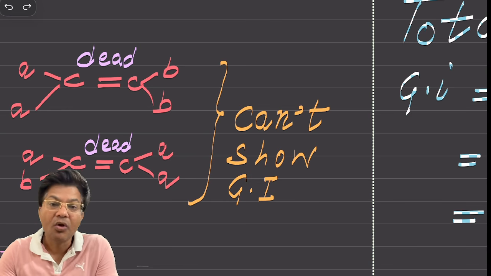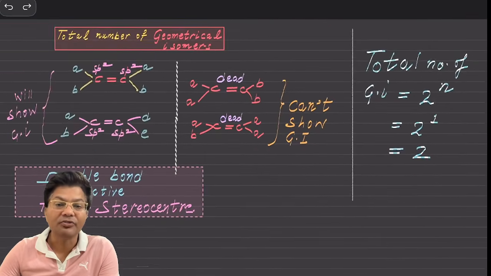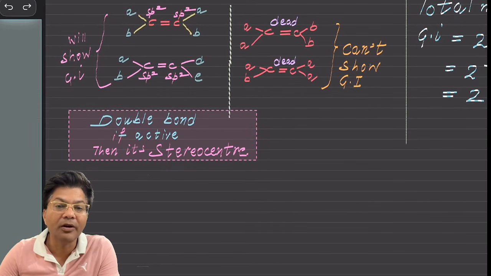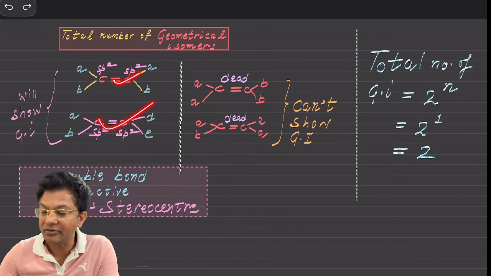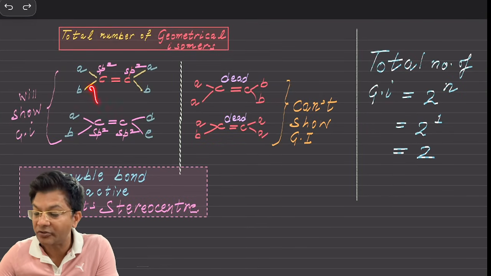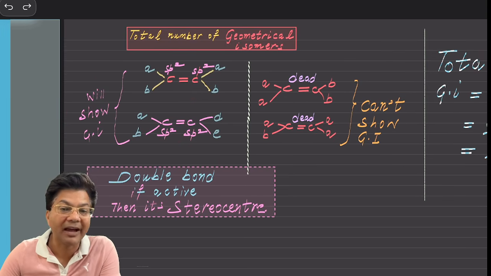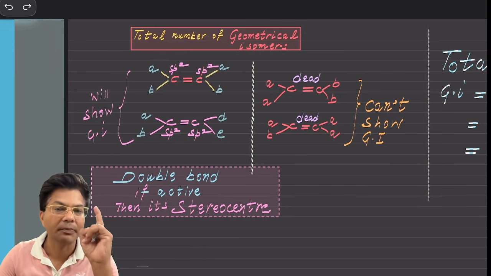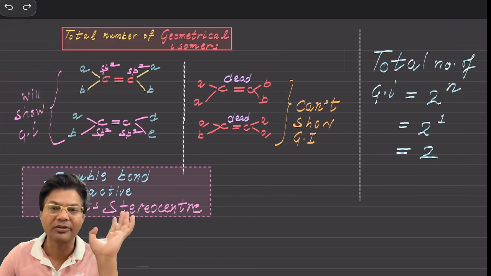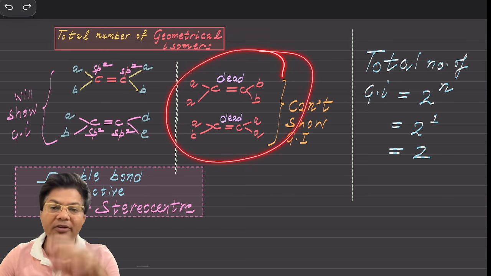Then we will not consider such a double bond to be a stereocenter. So a double bond is active in which case? In these two cases it is active because this double bond is responsible for showing GI. So this double bond is active, and this is our stereocenter, counted as one stereocenter, and in this other case it is not a stereocenter.